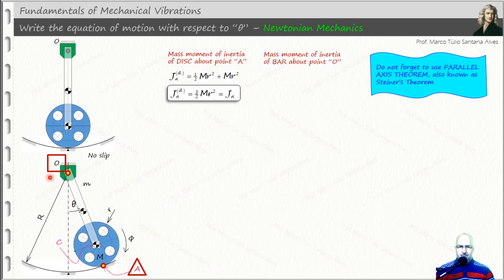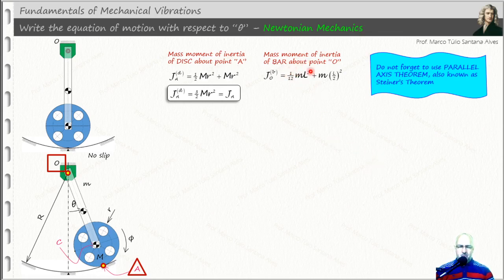In the same way, for the point O, we need to calculate the mass moment of inertia of the bar about point O. This first term here you can find in an ordinary table for mass properties.